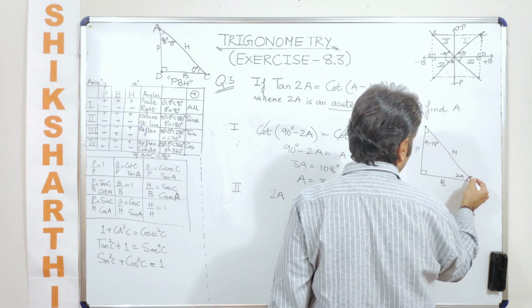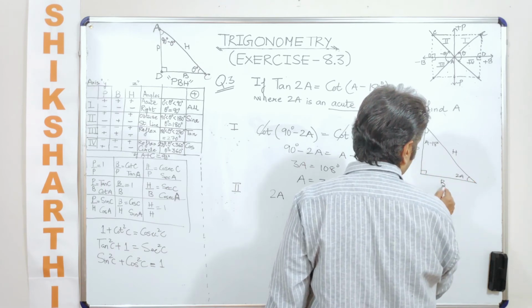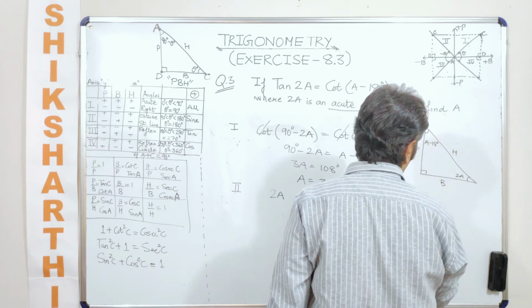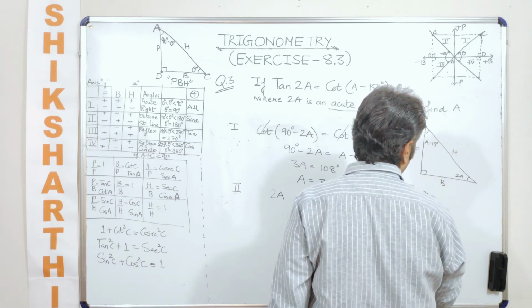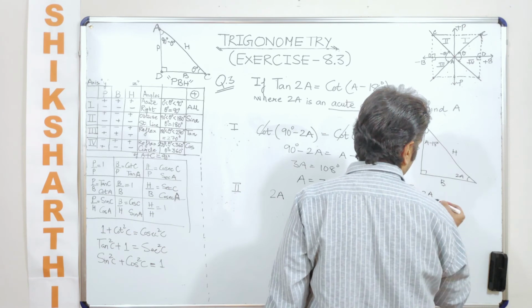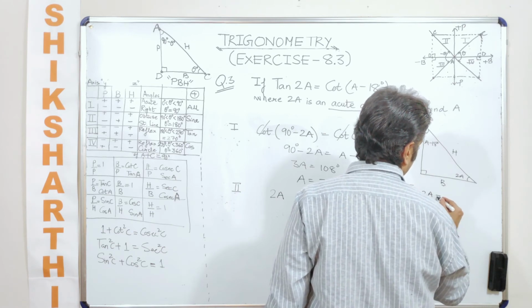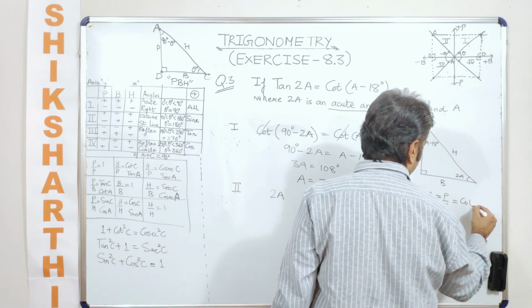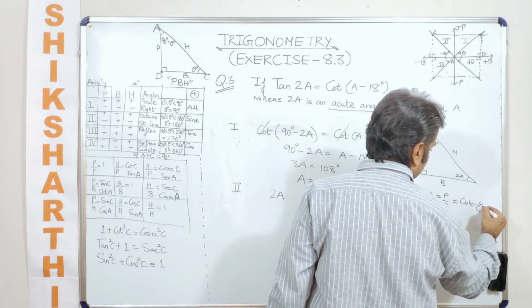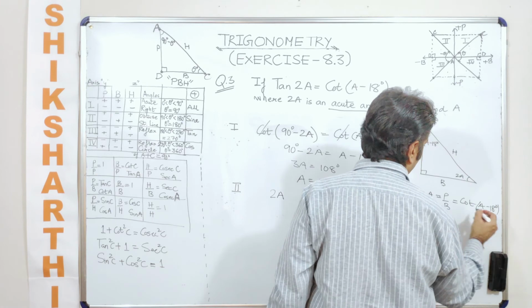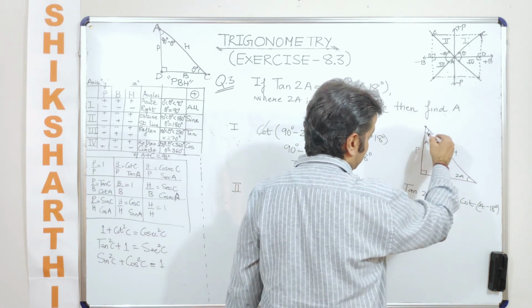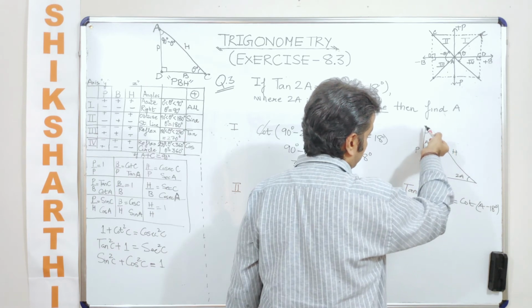So if I'm saying tan a, I'm saying what? Perpendicular upon base. So tan of 2a, let's say, becomes equal to perpendicular upon base. Now this should be equal to cot of a minus 18 degrees. You can check it out from here. So if I say cot of a minus 18 degrees, cot theta, let's say this is theta, is equal to what?